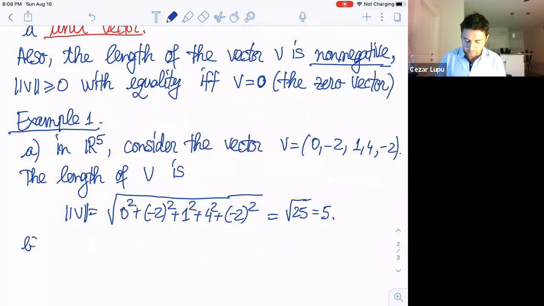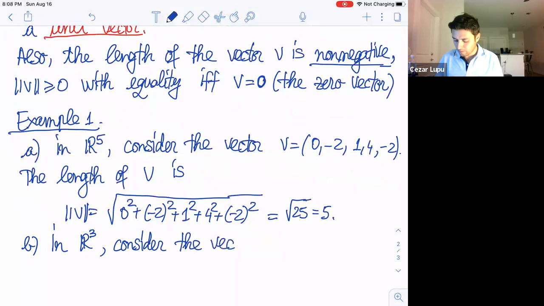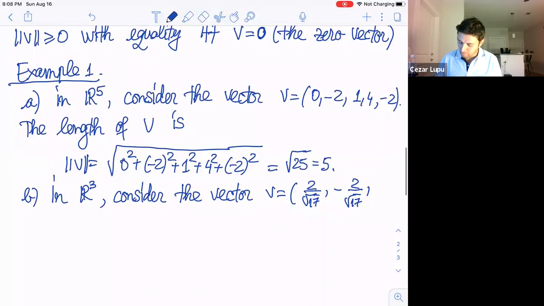Now let's see another example in R3. Consider the vector v. Since it's in R3, we'll take a vector with 3 components: 2 over square root of 17, -2 over square root of 17, and the third component 3 over square root of 17.